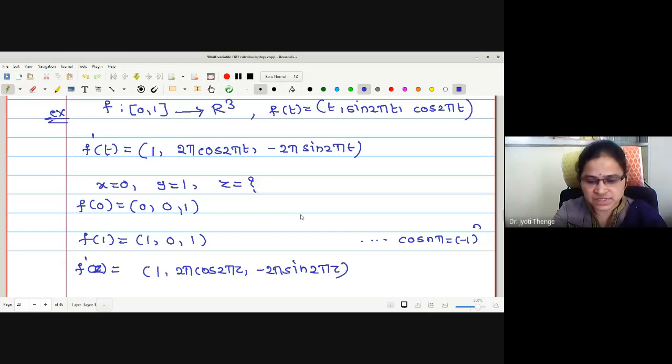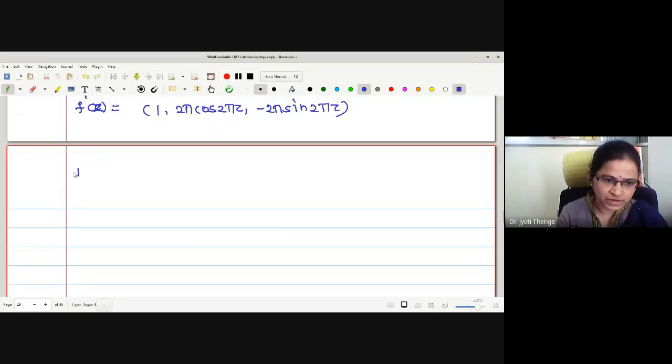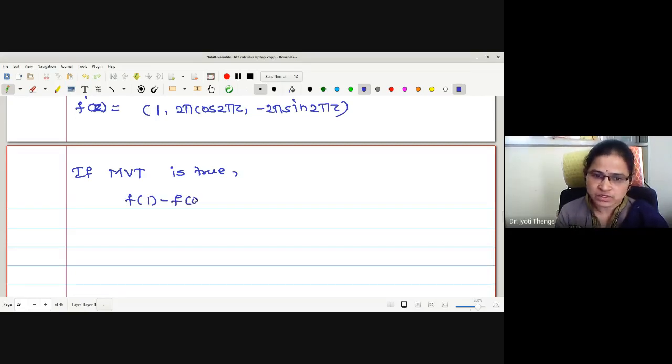What does the statement say? If MVT is true, what should be the statement? F1 minus F0 is equal to f dash of z into 1 minus 0. What is F1? (1, 0, 1).